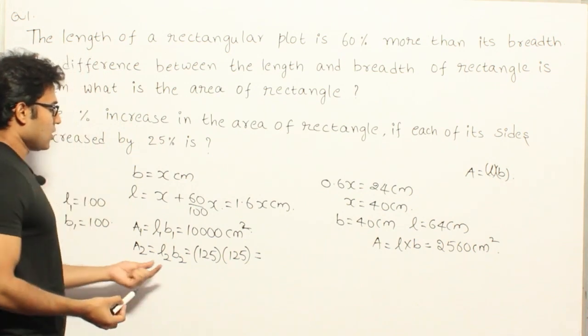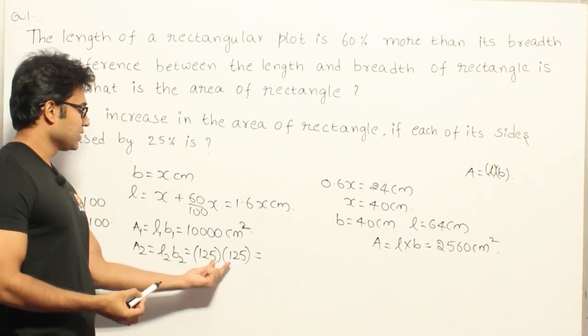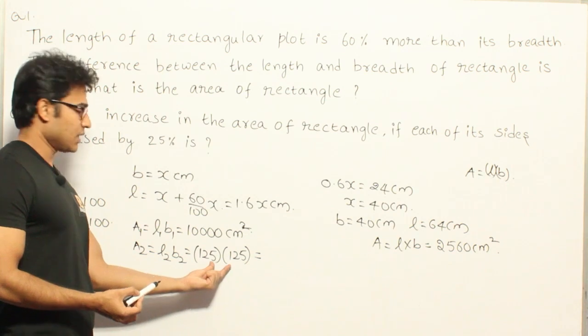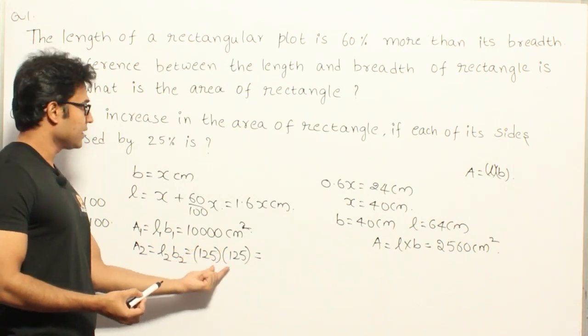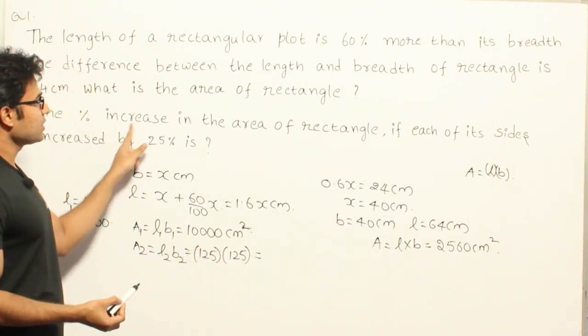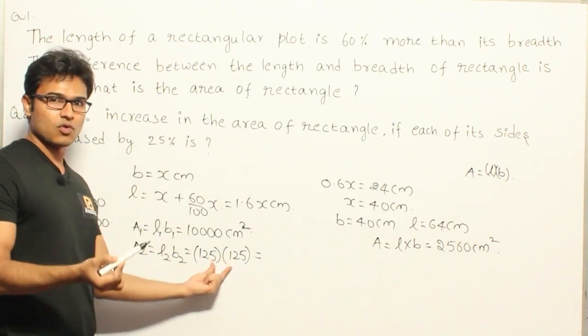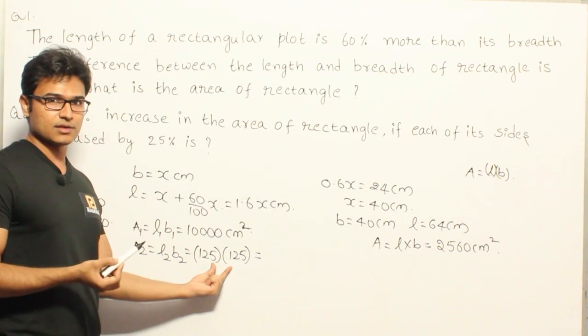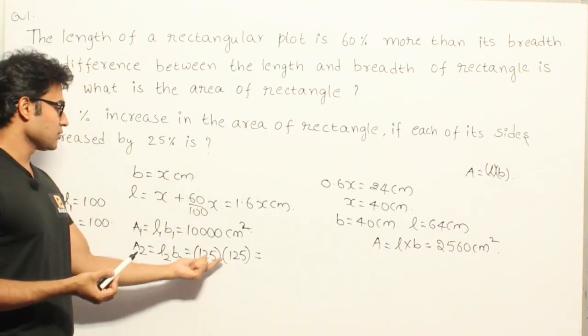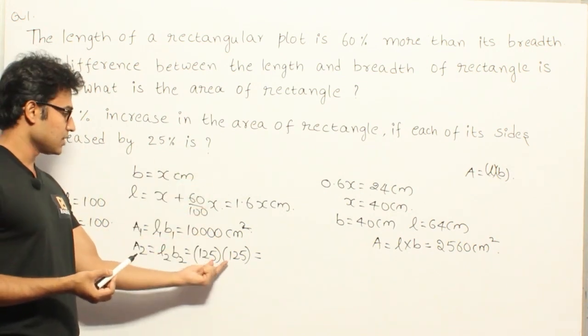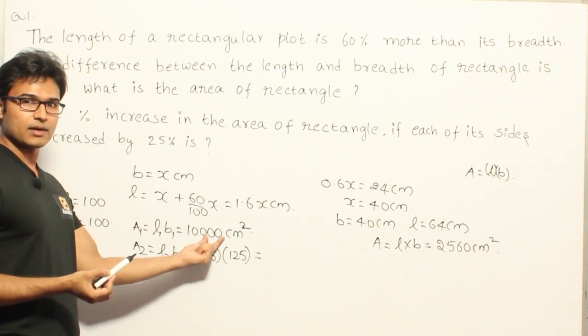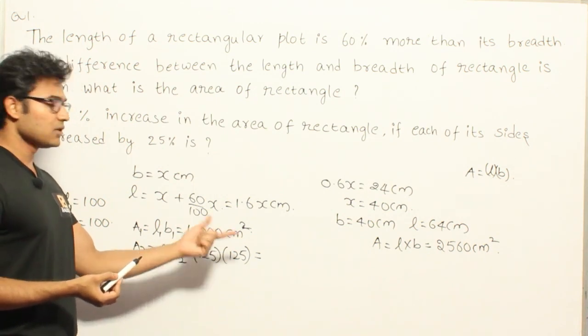Now this is the final value, and then this is the initial value. Now they are saying clearly what is the percentage increase in the rectangle. Therefore final is going to be more. That is why they are saying percentage increase. So whenever they talk about this, you have to find out the change. Here the change is this one minus this one, divided by initial value into 100.